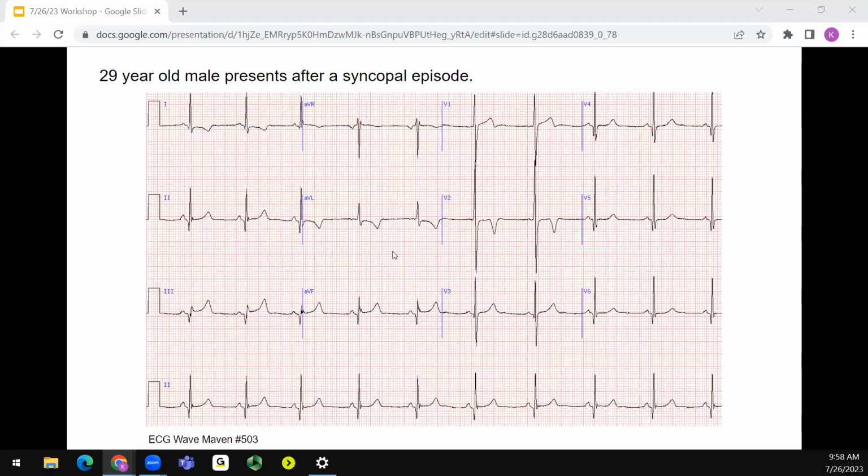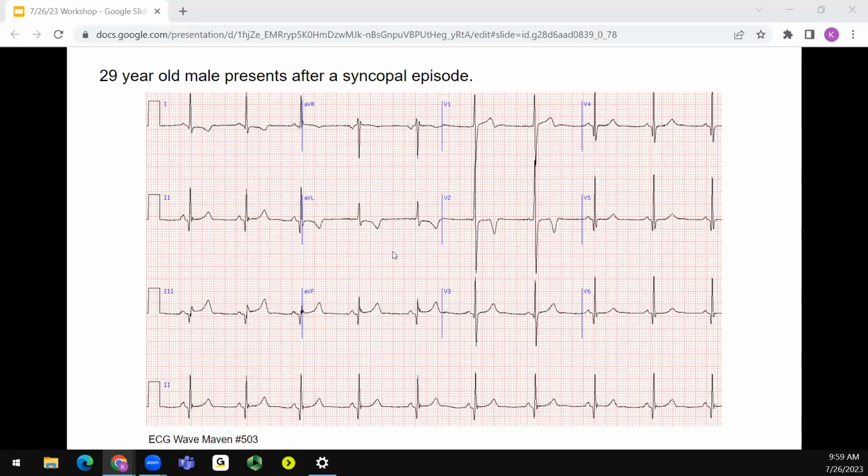Someone says LVH. What makes you say LVH? Someone says QRS in the lateral leads. What's abnormal? Yeah, the QRS complexes in the precordial leads are very tall.